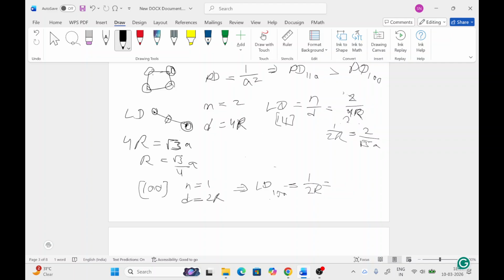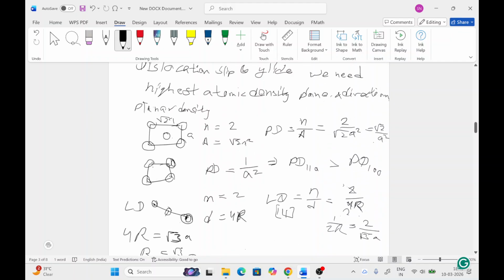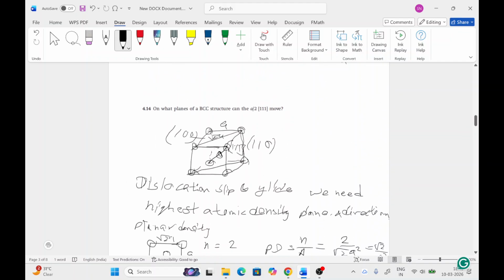The number of atoms along the 111 direction is greater than the number of atoms along the 110 direction, which is less. So the linear density is higher along 111 in BCC.